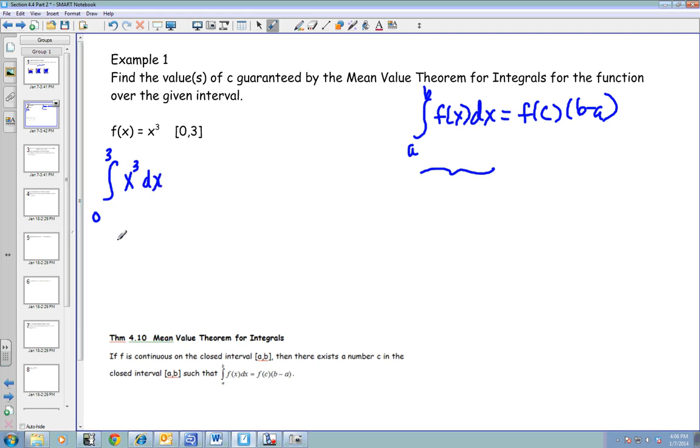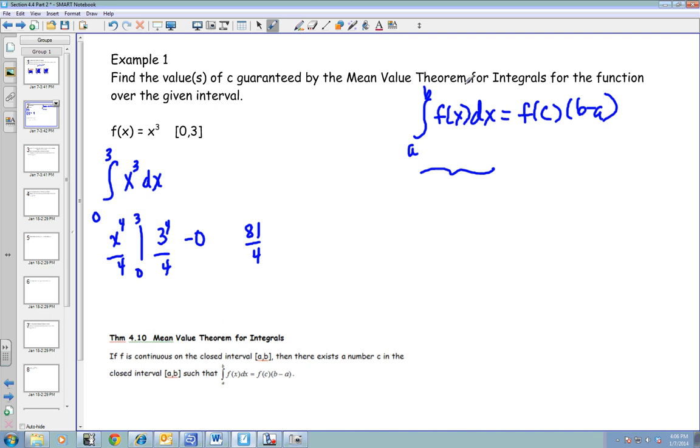I'm going to integrate that. When I integrate, I get x to the 4th over 4, evaluated from 0 to 3. I plug my 3 in first, and then plug my 0 in. So 3 to the 4th over 4 gives me 81 over 4.